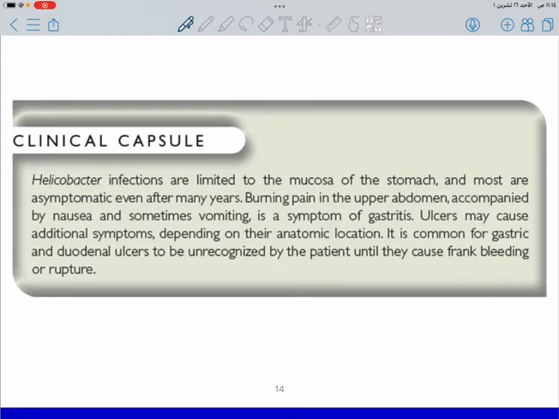It may cause burning pain in the upper abdomen, abdominal pain, burning like heartburn. Okay?